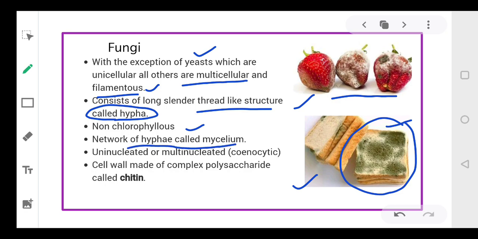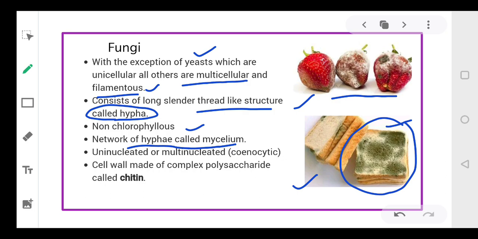What is the network of hyphae called? Mycelium, right? The network of hyphae is called mycelium. Okay, dear? Now some hyphae form continuous tubes, and they are filled with multinucleated or uninucleated structures.